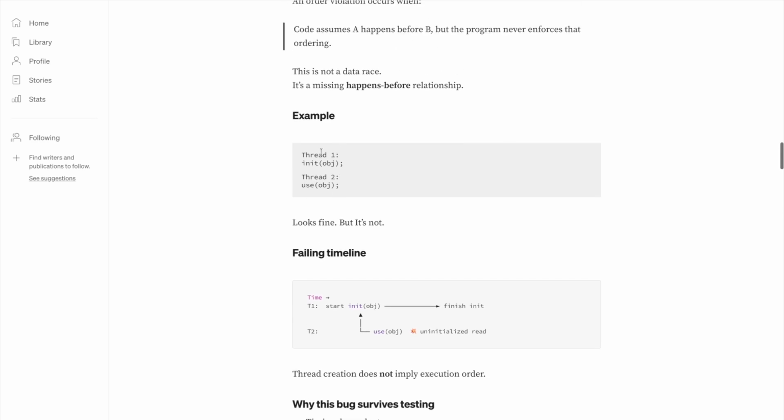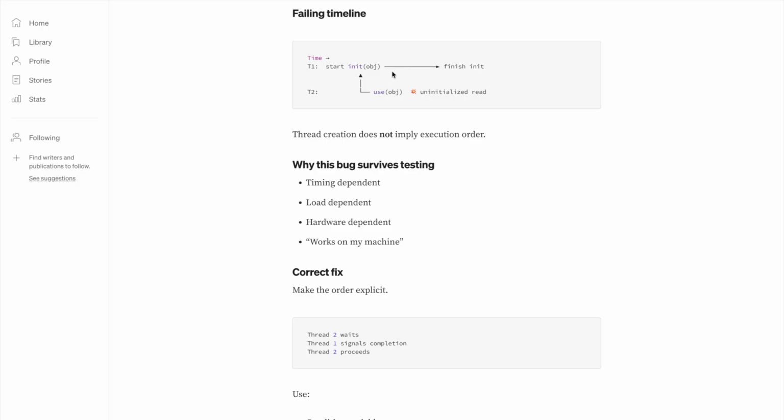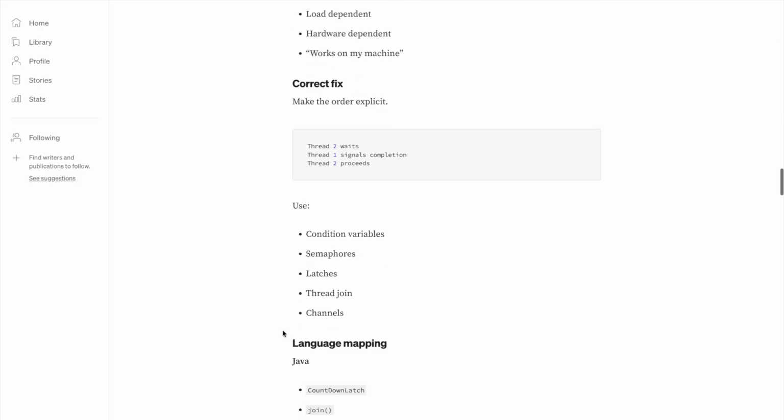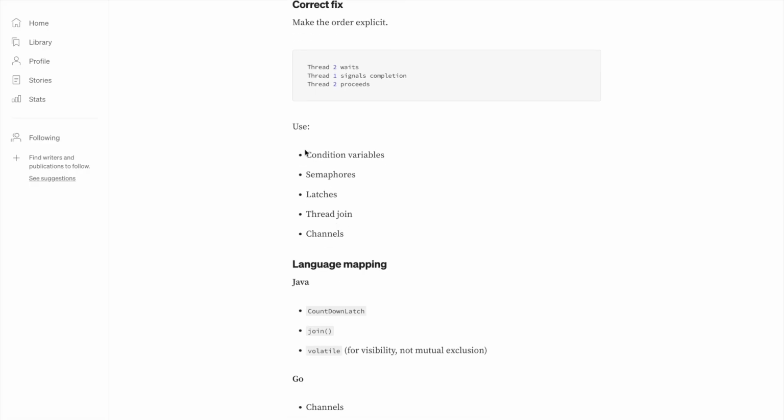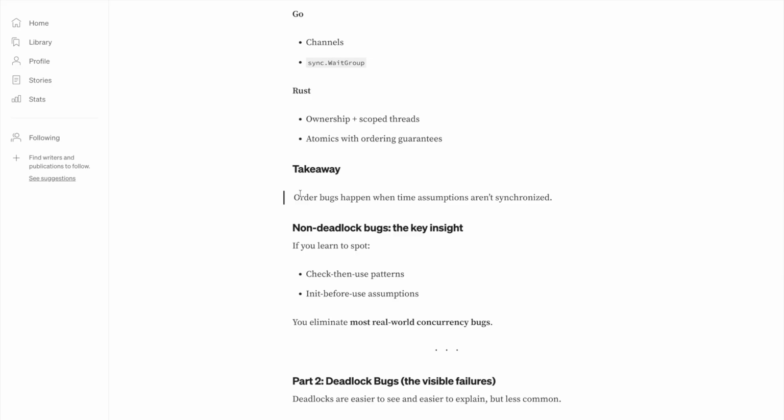But whenever you think there are two steps that should follow some kind of order, you should make sure that you enforce it. You should not believe that it will happen. You should enforce it manually. So yeah, some use cases and language mapping. A very good takeaway is that order bugs happen when time assumptions aren't synchronized.